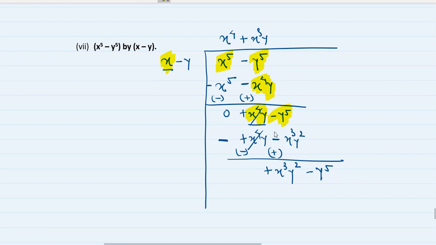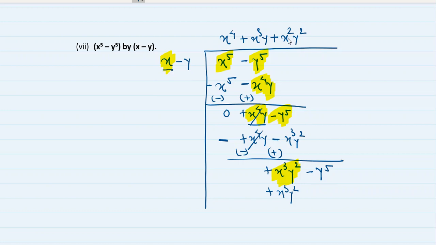Now the first term of your dividend will become this, divided by x. So what do you get? Plus x square y square. Now plus x square y square will be multiplied with x and you get plus x cube y square.